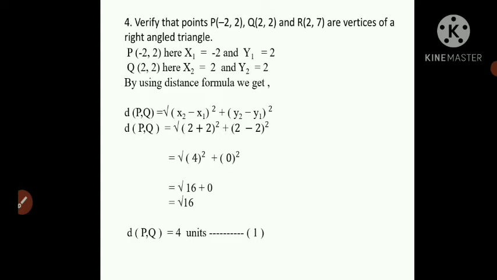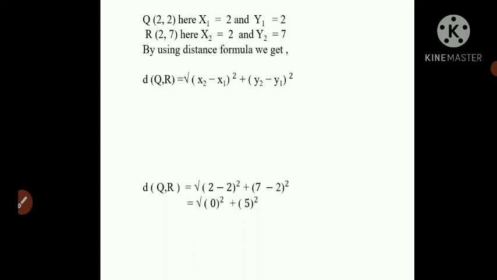Now we'll move to next part, first we took PQ, now we'll take QR. So Q is (2, 2) and R is (2, 7). So here again x1 is 2 and y1 is again 2, x2 is 2 and y2 is 7.